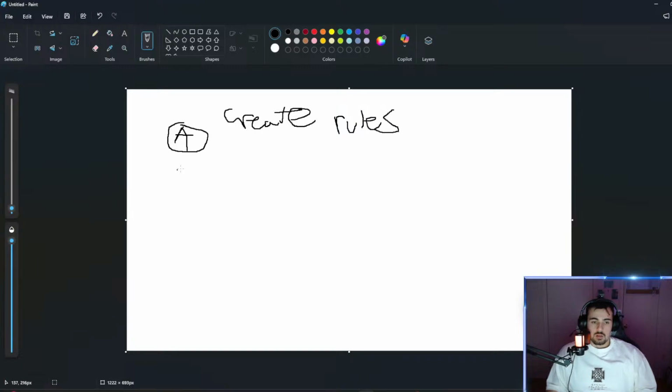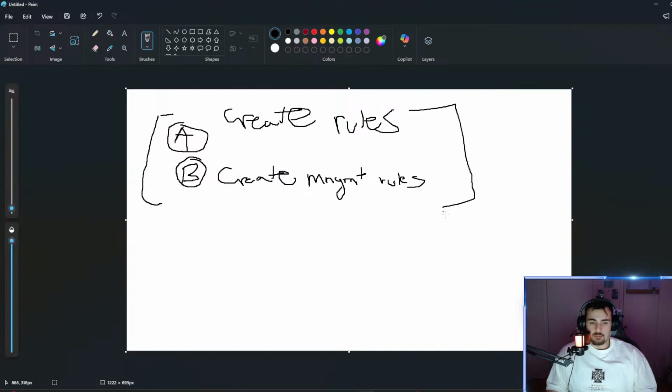B, create management rules. So these are two things we need to identify right off the bat. And yes, my handwriting is super messy. My mouse sensitivity is too high to control. So forgive me, but that's something we're gonna have to work on.